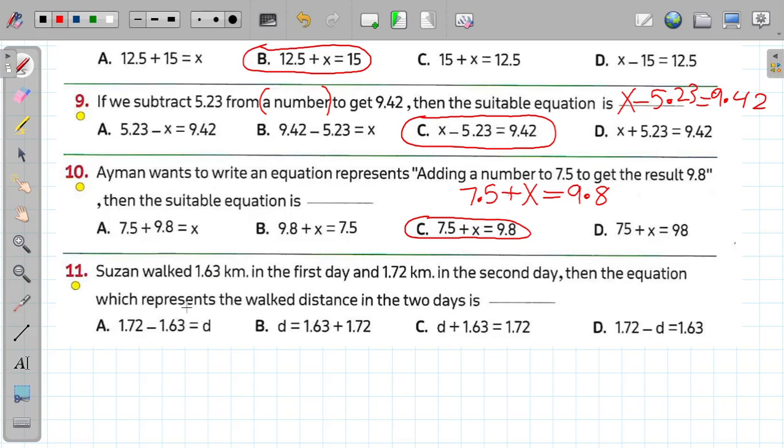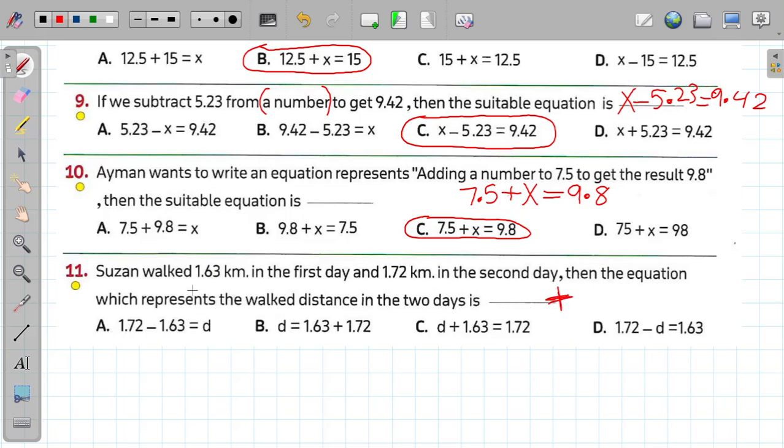He wants me to use the subtraction operation or the addition operation. He wants the total distance. He wants all the walked distance in the 2 days. So I will use the addition because I want the total distance. Okay, so I will use the addition operation.